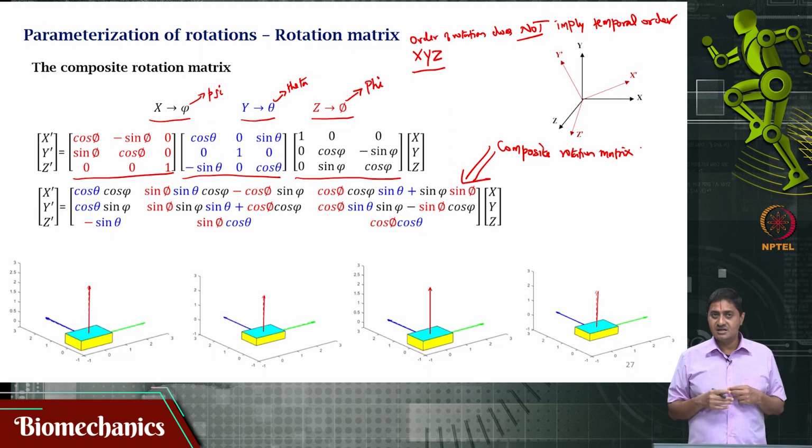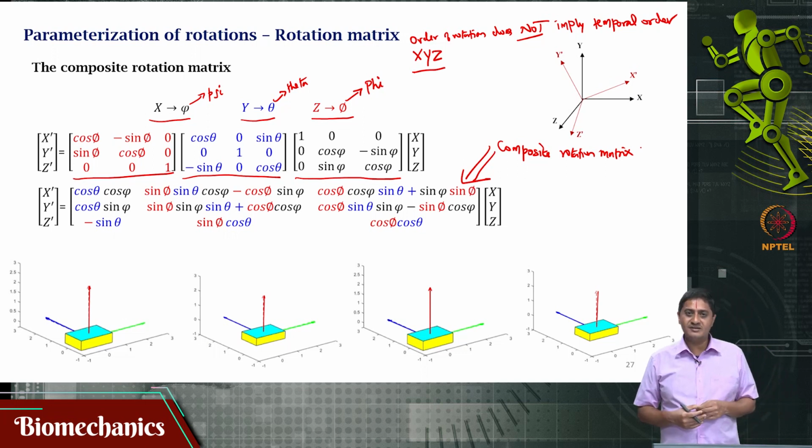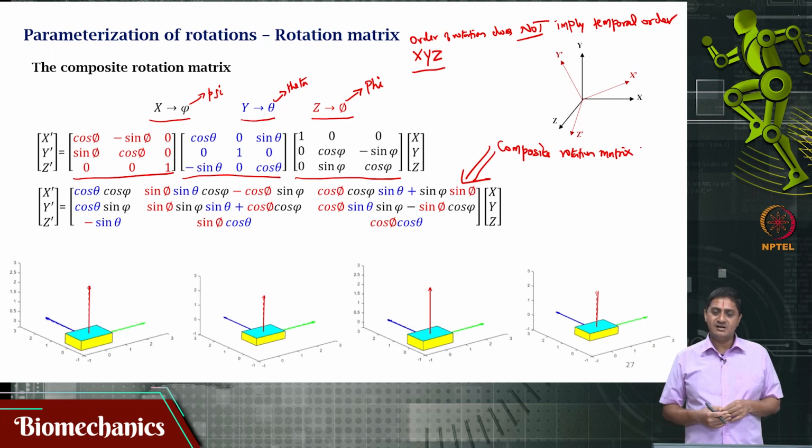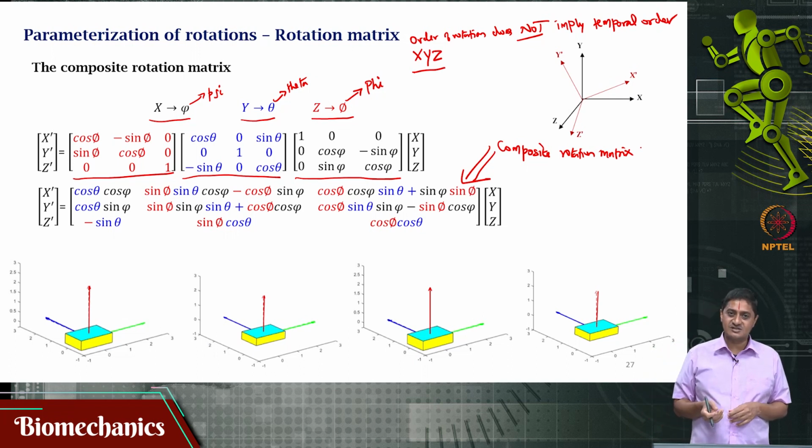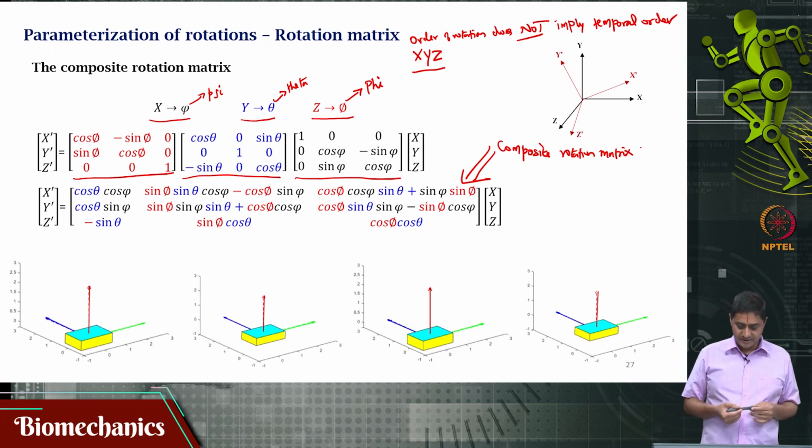When you are measuring simultaneously about all these three axes using a measurement system such as an IMU, you are going to have some numbers that are going to be presented. How do you know what is the angle that is made about each of the principal axes so that you can plot? How do you know that? That is what we will see in the rest of the video.